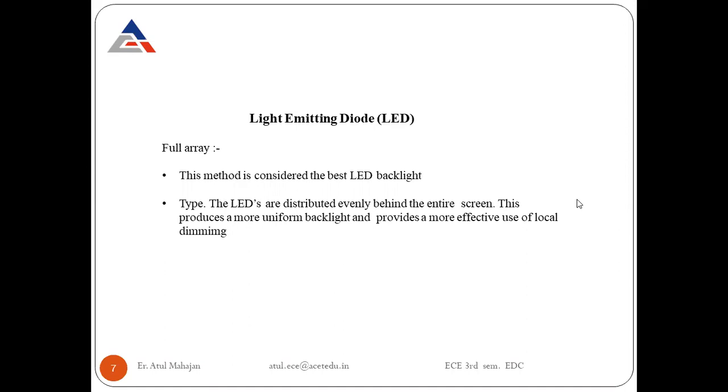Full array means our LEDs are used in a complete fashion, in a rectangular, square, or triangular pattern. The arrangement of a number of LEDs in a particular pattern is known as an array.